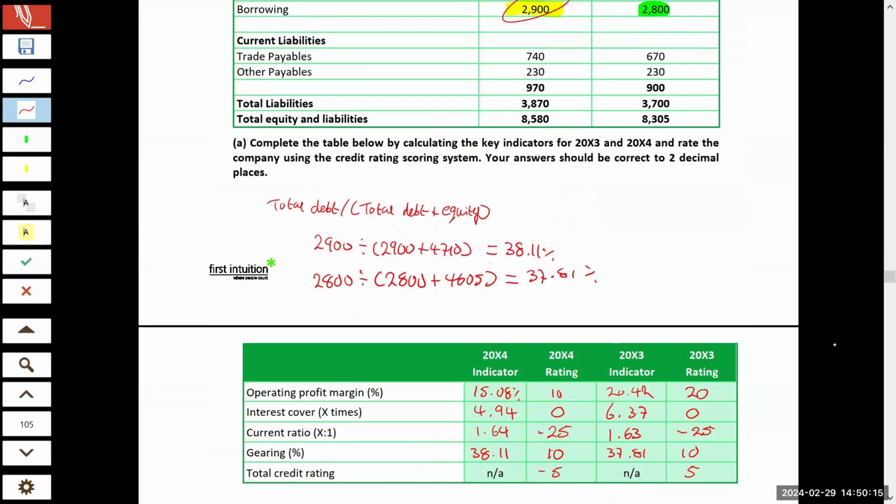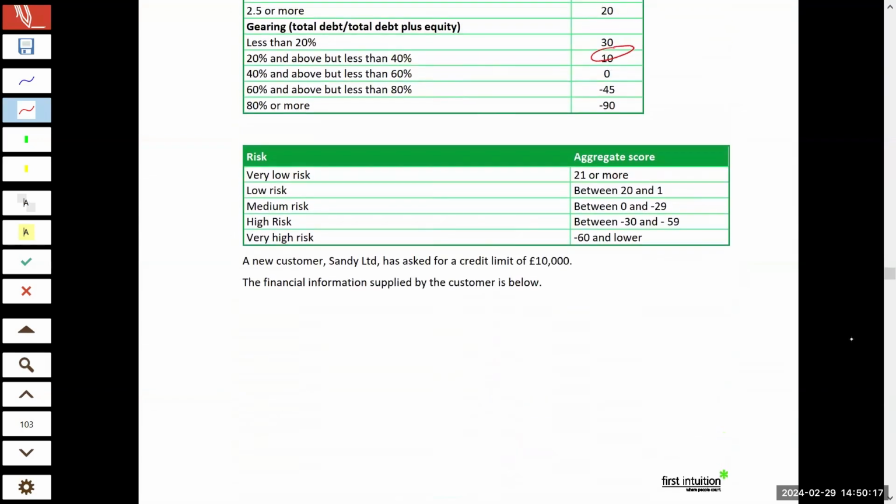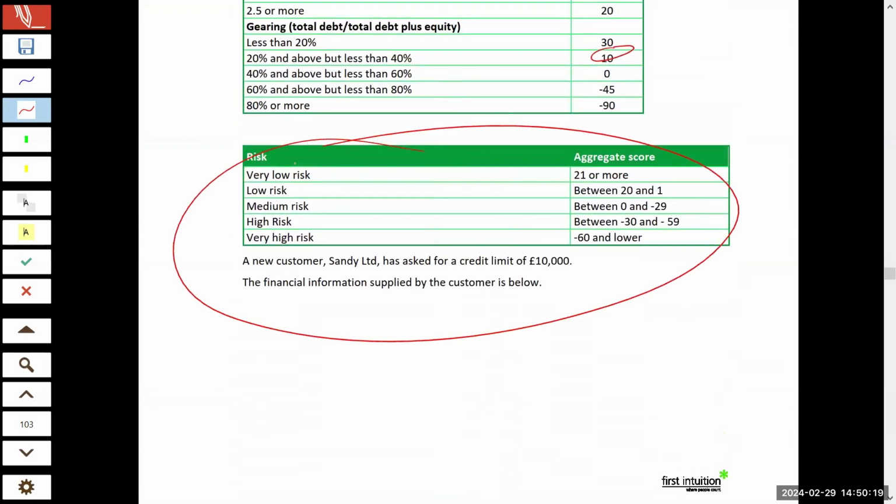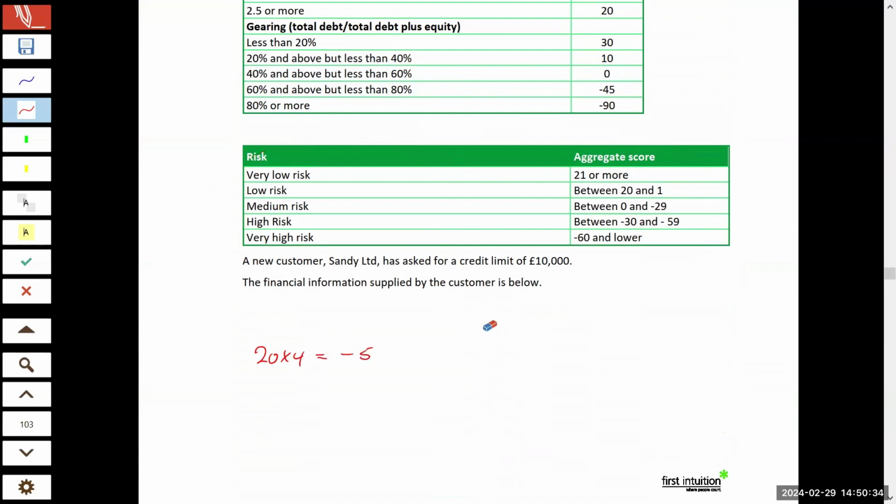I can now define these using this chart, can't I? Because it says based on the aggregate score, which is just the total score, what can I define this as? So we've just said that 20X4 came to -5.